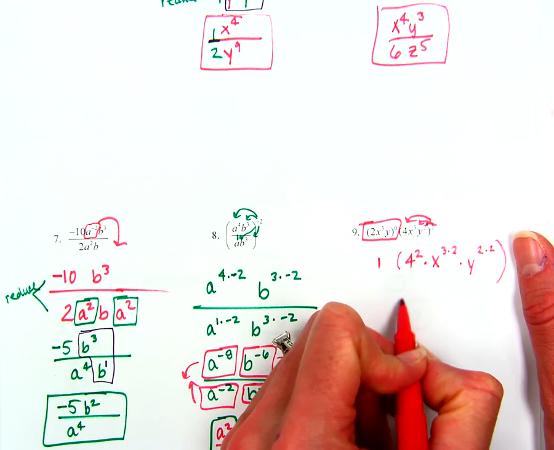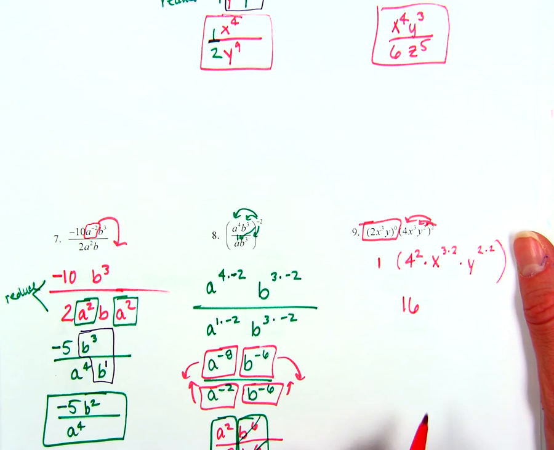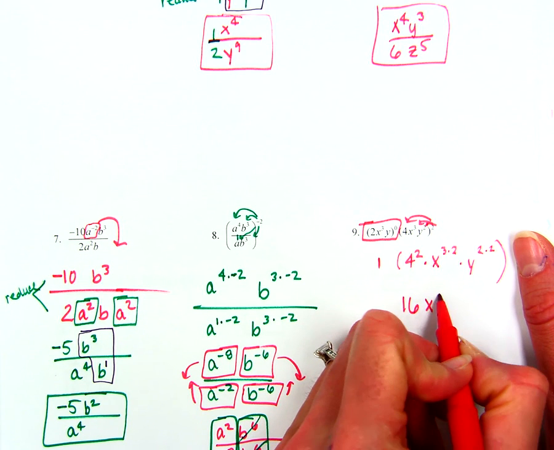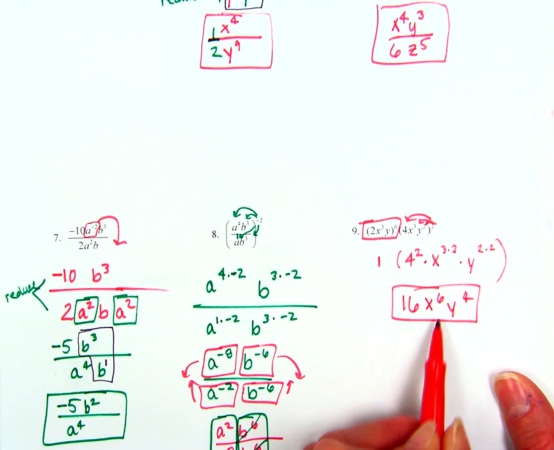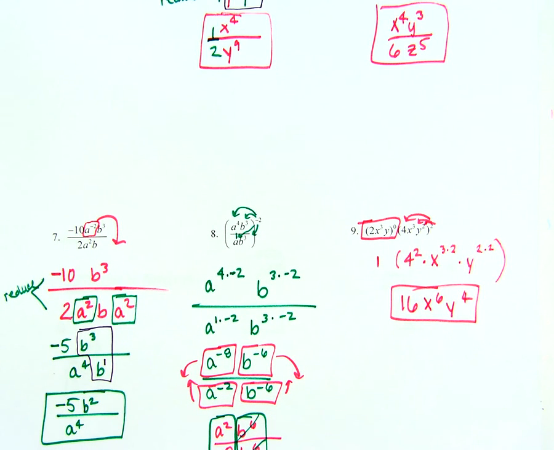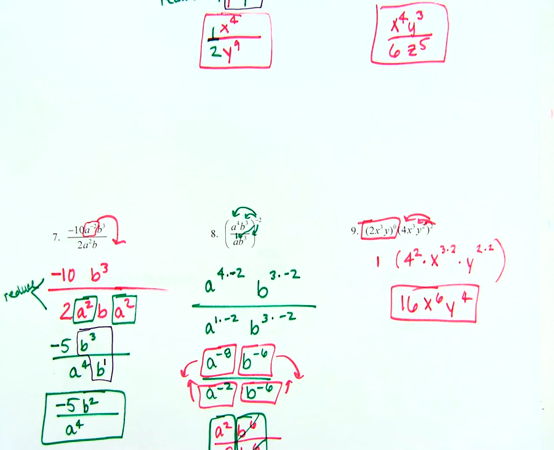Okay, so how much is 4 squared? That's 16. I don't really have to bring down the 1 because 1 times anything is just itself. And then x to the 6th and y to the 4th. All right, and x and y are different bases. I don't have any negative exponents, and everything is simplified as much as possible.